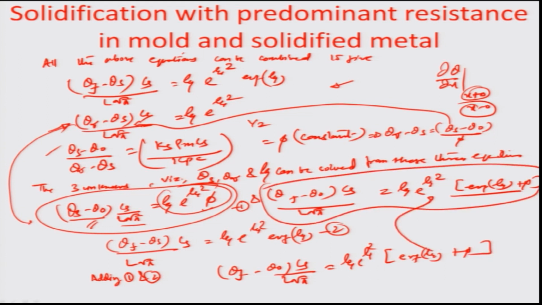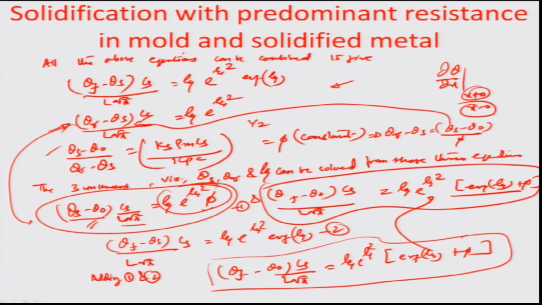Okay. So, you find out now that in the case where the resistance comes predominantly from the solidified metal as well as the mold-solid boundary, there is a slight modification to the equation that was earlier there only for the predominantly mold boundary case, or sorry, solidified metal case.